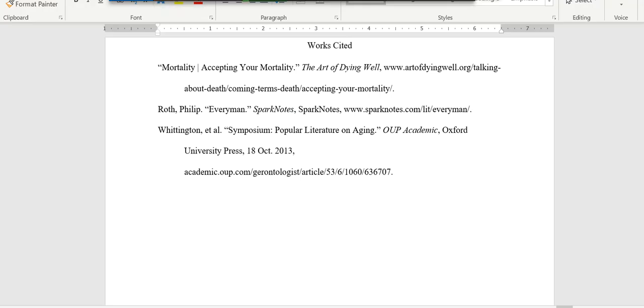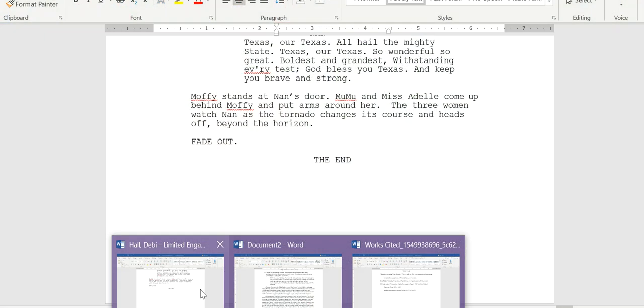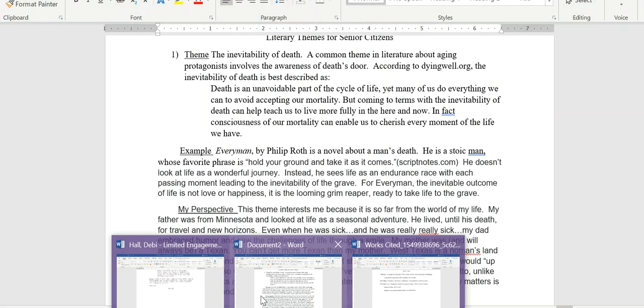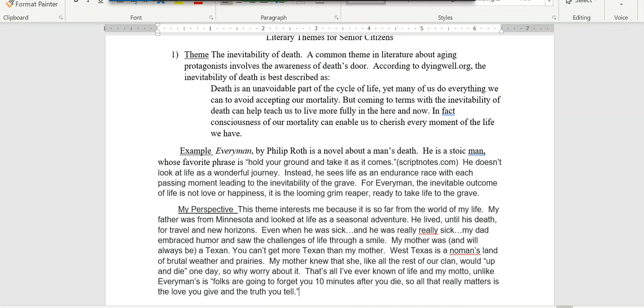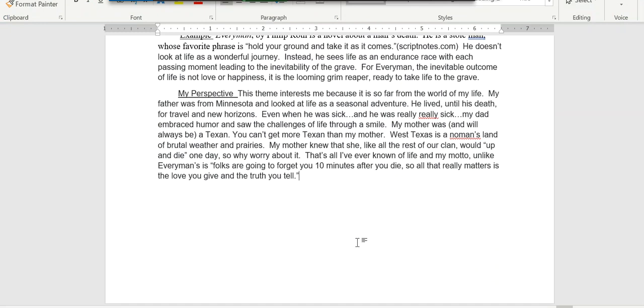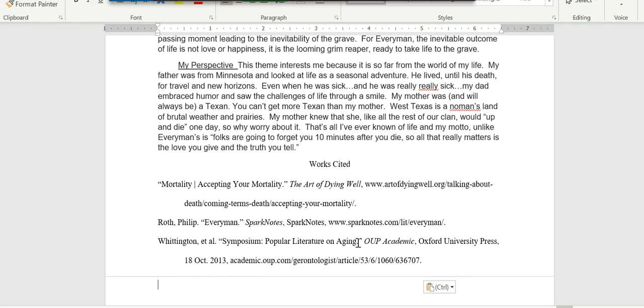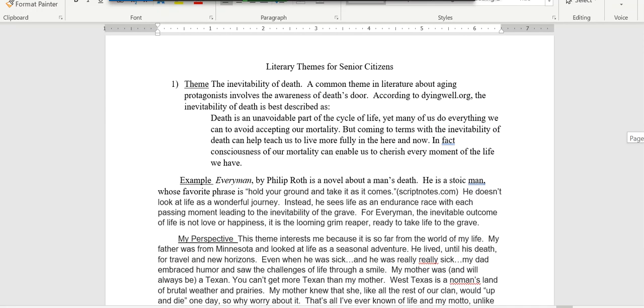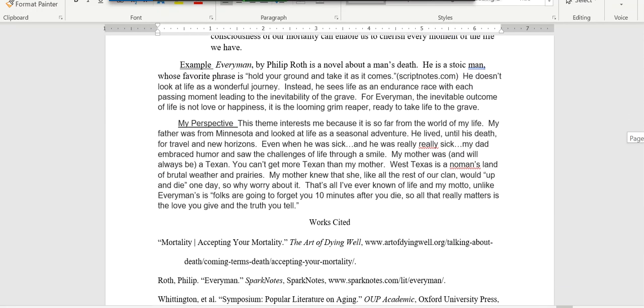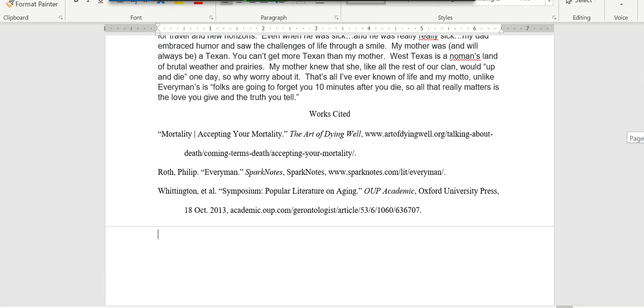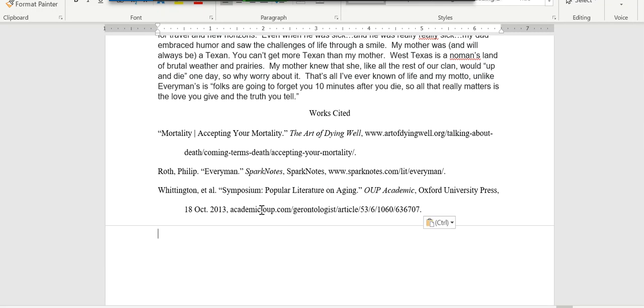I go back to the Word document that I've been working on, and at the end of this, there's where I got my information. So you can see I've done a theme, an example, my perspective, and I've shown where I got my information for each one of the questions that I complete.